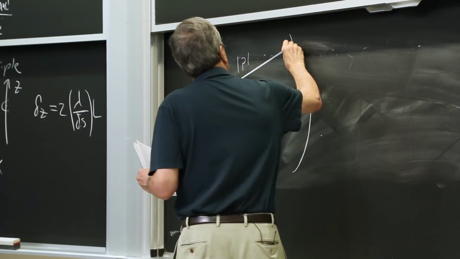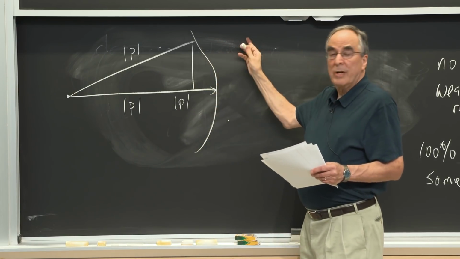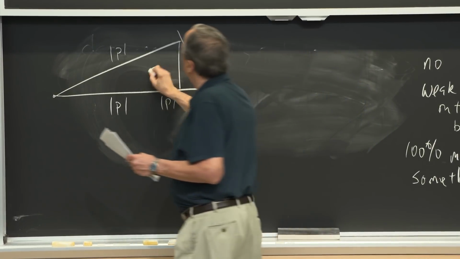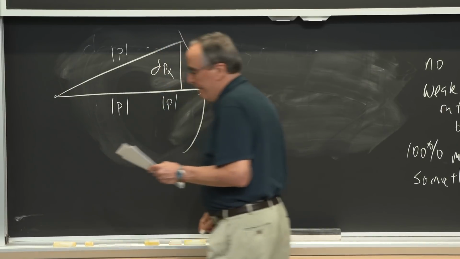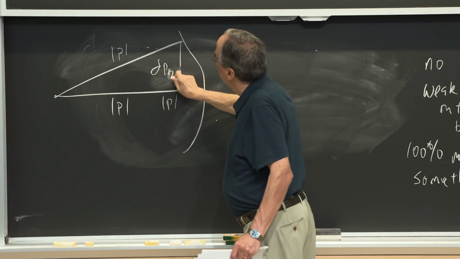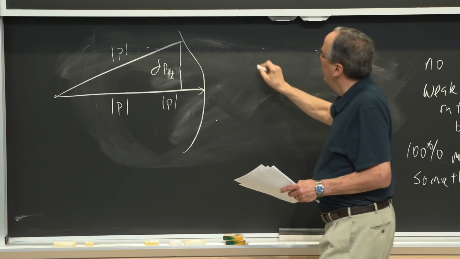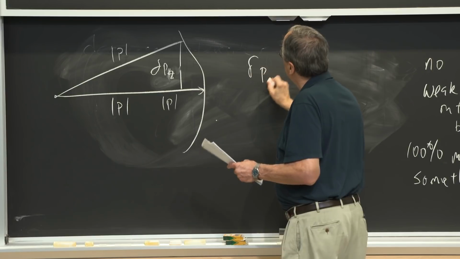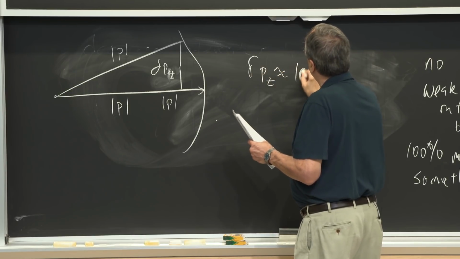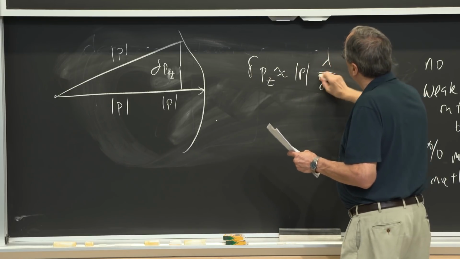But now what we want to know is what is the uncertainty of the momentum in the z direction? Delta pz. Okay, this is pz. This is the same sort of calculation we did before. And what you find is delta pz is approximately equal to the magnitude of p lambda over delta s.